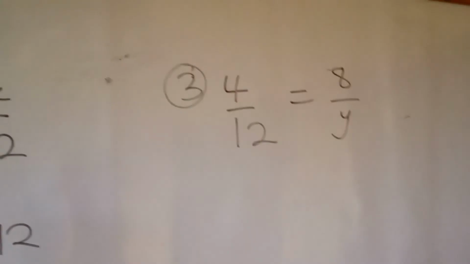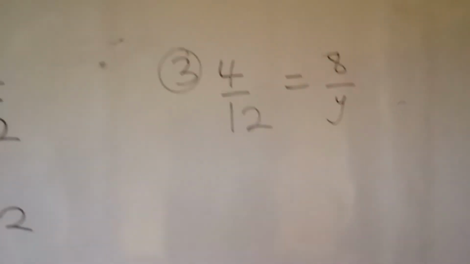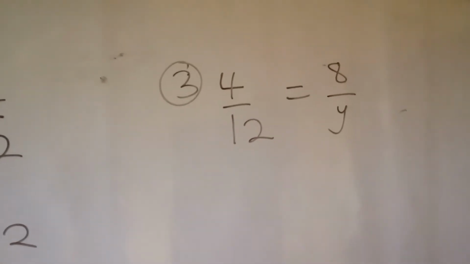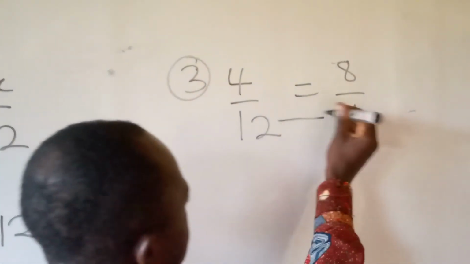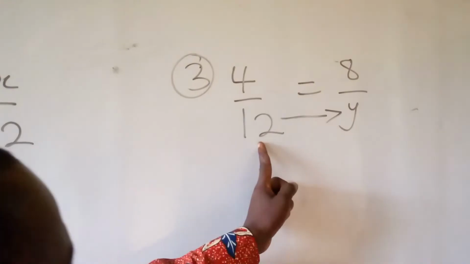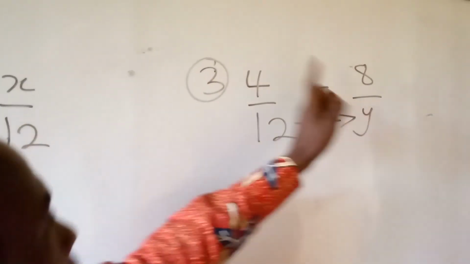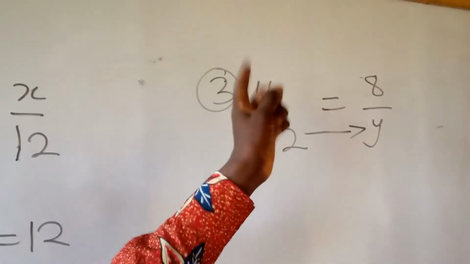You see, this time I have given you 4 over 12 is equal to 8 over y. If they ask you to find y, you see, this is matching this one. This one is having no what? Number. But for the numerators, they are having what? Corresponding numbers.